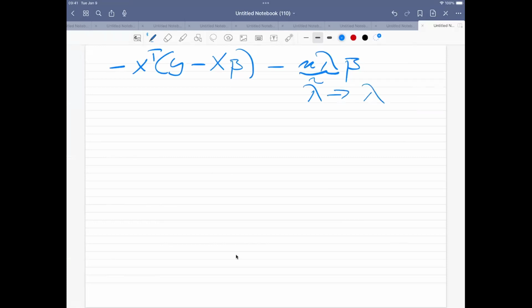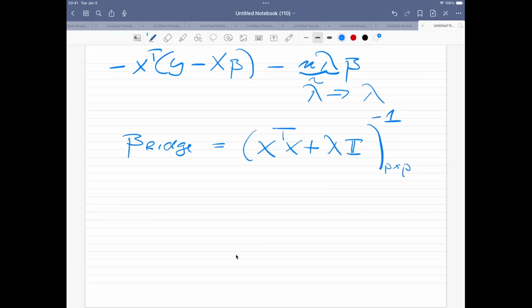This is just a parameter, right? So you're free to call the parameter what you want. So if I do that, what you will find is that beta ridge is equal to X transpose times X plus lambda times the identity matrix of dimensionality p times p, multiplied with X transpose times y.